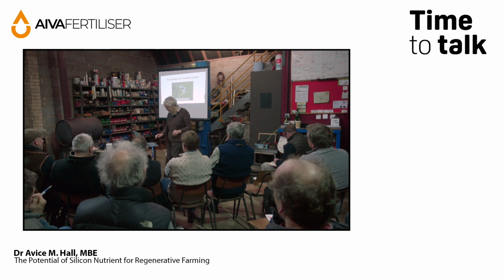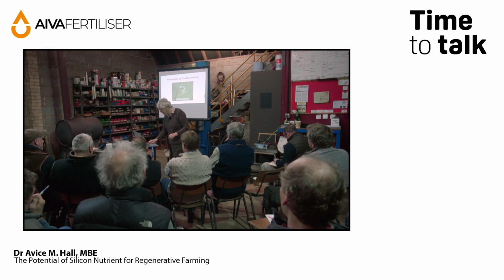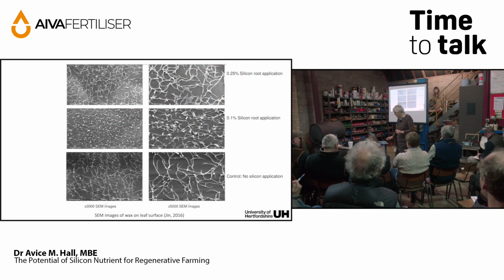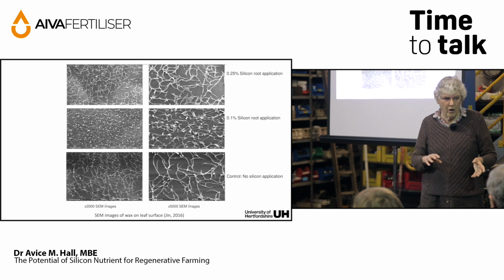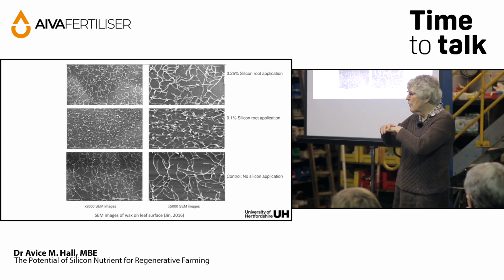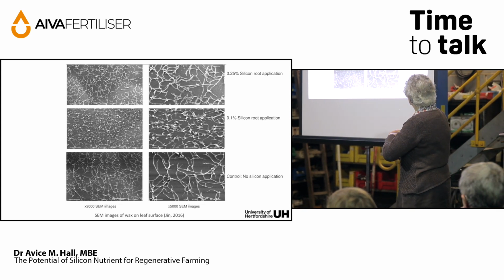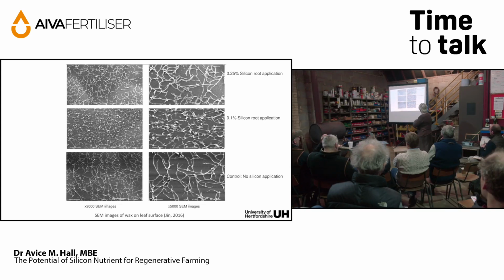So, back to silicon nutrient. So here are some electron micrographs of the leaves of strawberries where there's been root application of silicon, and this is times 5,000.